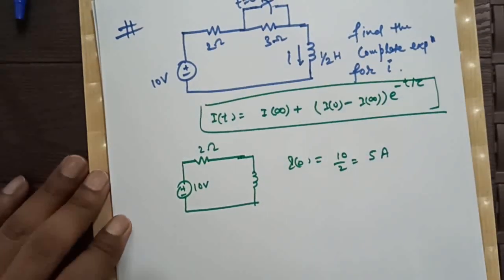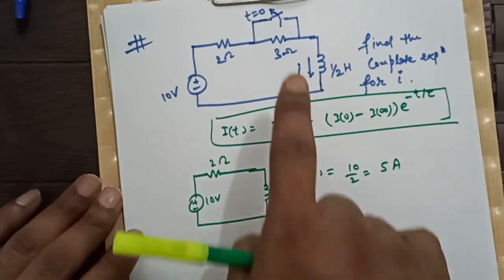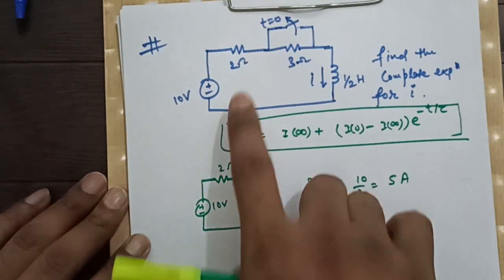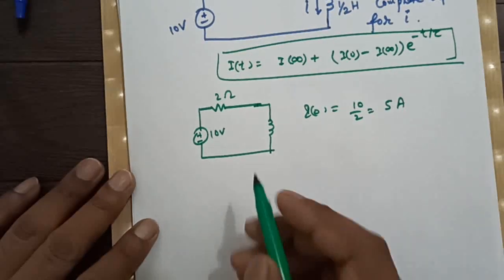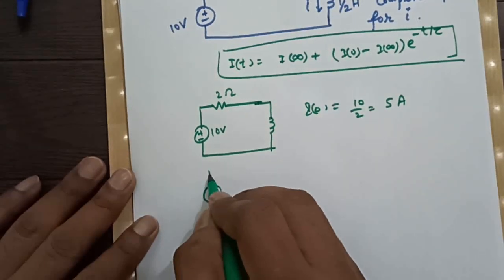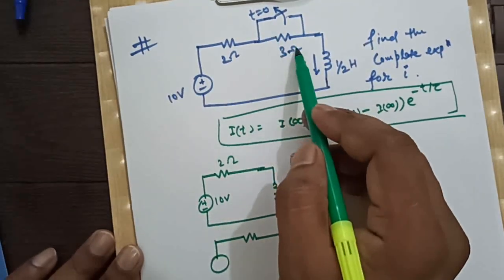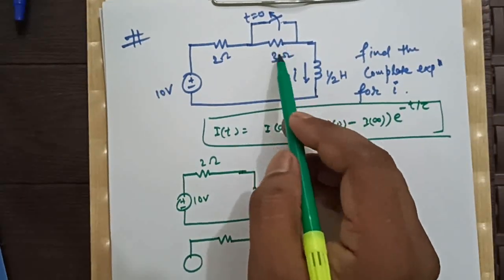means 5 ampere, and at time t equal to infinity means after getting switch opened for a long time, what will be the scenario? Now after opening the switch this 3 ohm resistor will come into picture.